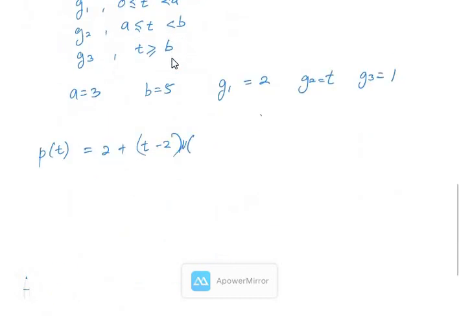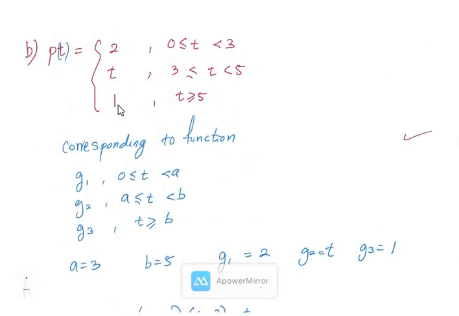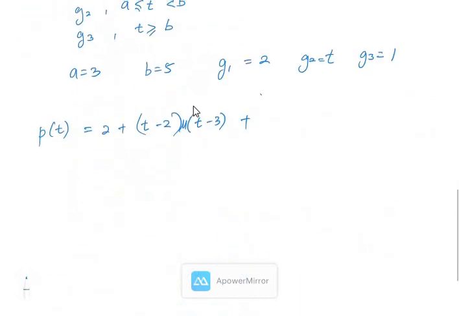So unit step t minus 3, and then plus (1 minus t) unit step t minus 5. So this is how we write the unit step function, transferred from the step function.